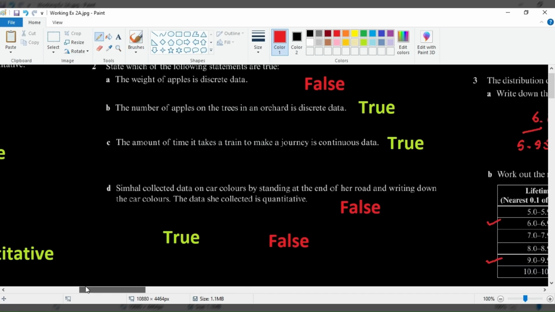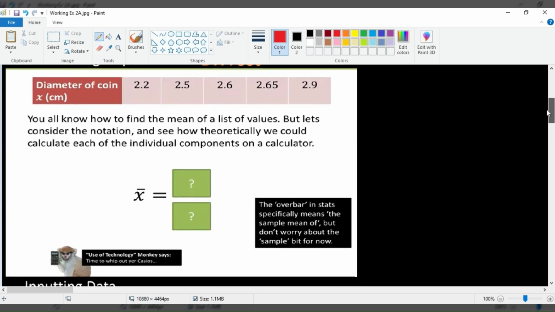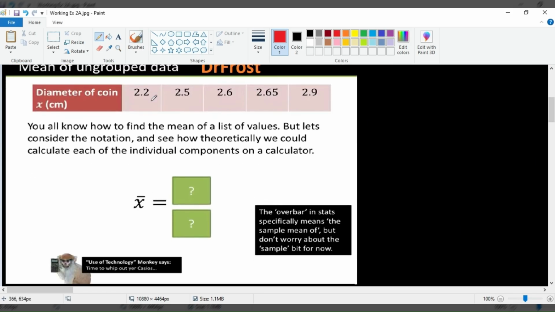Now I'm taking you to the first page, first slide, I must say, for Dr. Frost. In here, it says the diameter of the coin. And in here, it says you all know how to find out the mean of the list of the values. But let's consider notation. So here, what we are focusing on is notations.